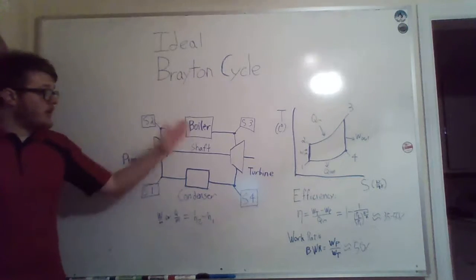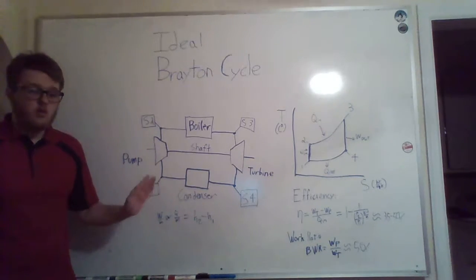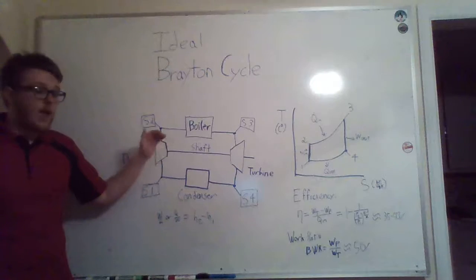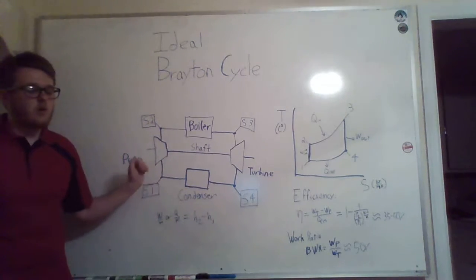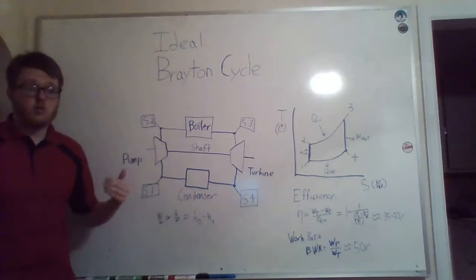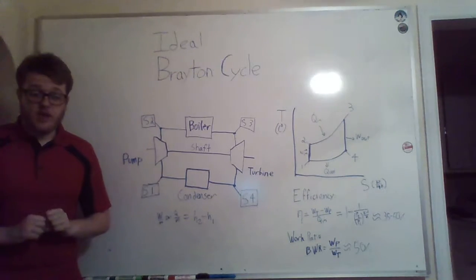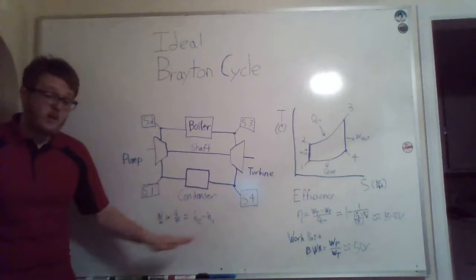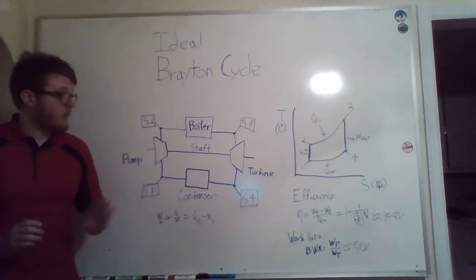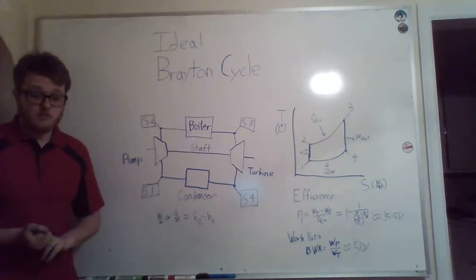So, in order to calculate how much work this system actually does, we first need to calculate how much heat enters and exits, and how much work the system produces and absorbs throughout the entire time. To do this, we need all of our enthalpy values, our H values. If we do not have all of our H values, then we cannot do any of these calculations.